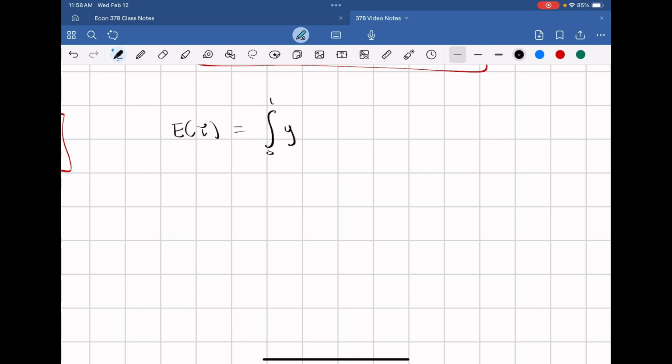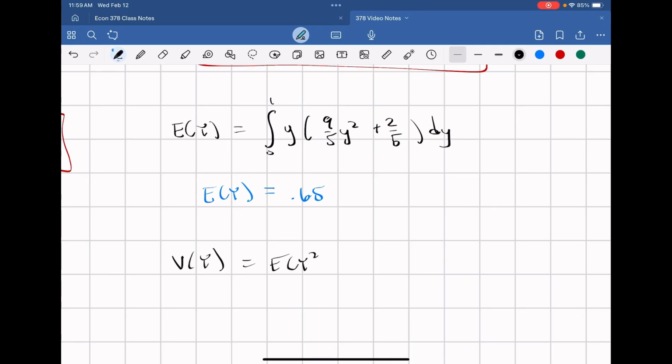And in this case, what we found was this was 9/5 y squared plus 2/5 dy. And so if we work through this, what we'll find is the expected value of y will equal 0.65. We can then look at the variance of y, which is equal to the expected value of y squared minus the expected value of y, squared.